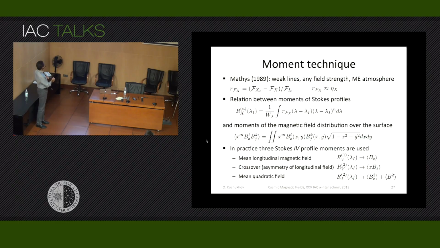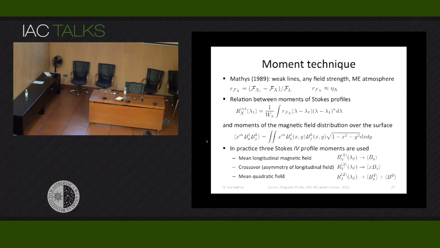So if we reformulate Stokes profiles in this way, so continuum minus Stokes profile divided by continuum in Stokes I, then the moment of a Stokes profile is this quantity multiplied by the difference in wavelength with respect to the center of gravity of Stokes I. So lambda I is the center of gravity of Stokes I, raised to a power corresponding to the order of the moment.